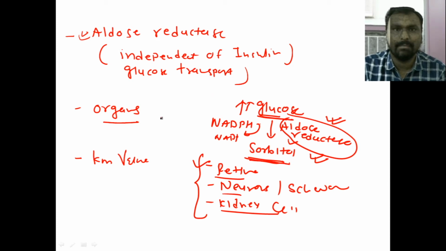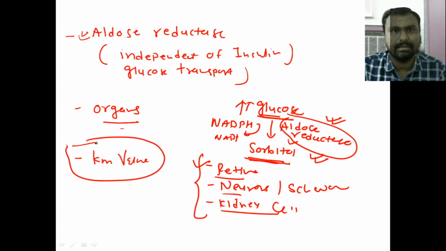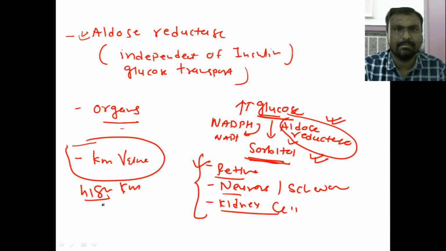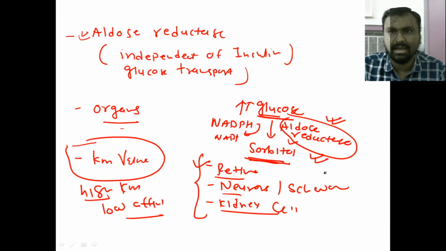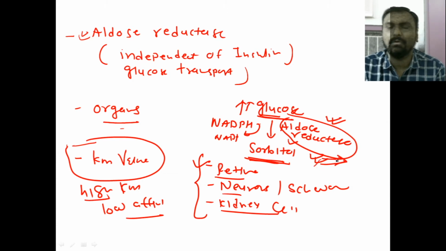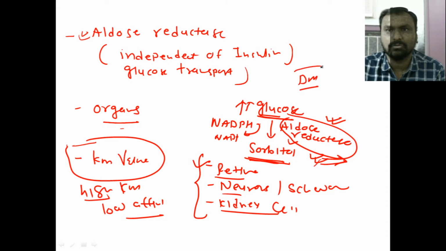Here you have to remember that aldose reductase has a very high Km. That means it has a low affinity. So this enzyme will act only when there is an excess amount of glucose, as seen in diabetes mellitus. Normally glucose will go to the glycolysis pathway.